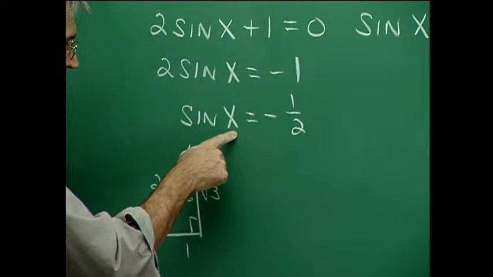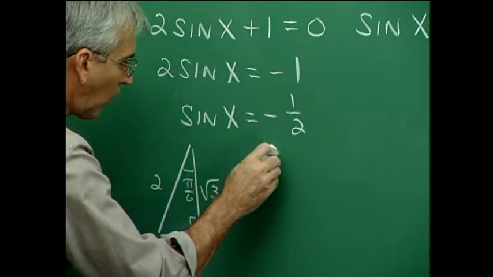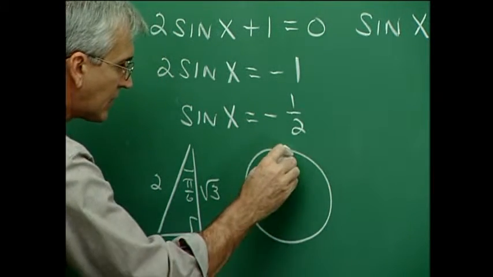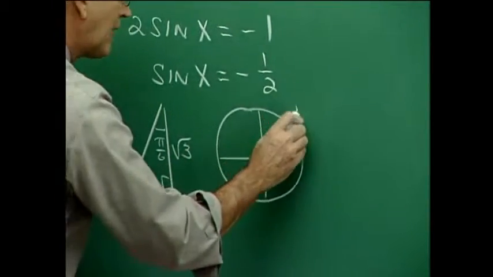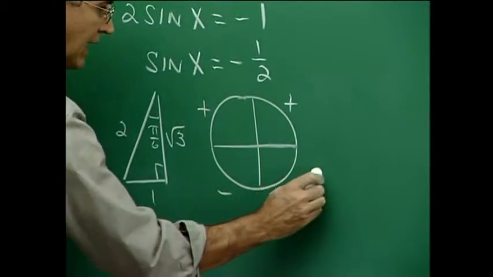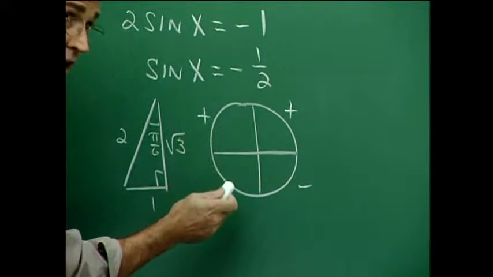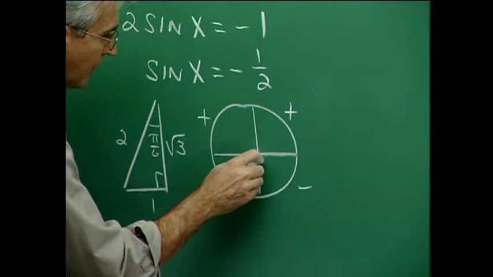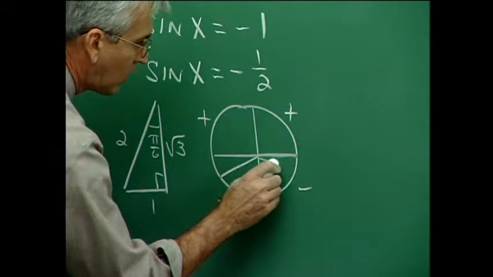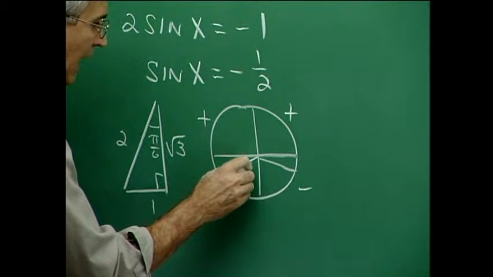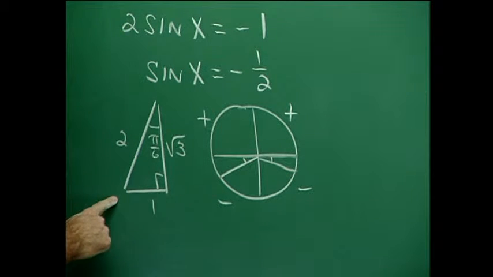But the sign of the angle is negative. In what quadrants does that take place? Sine corresponds with the notion of y, and so we have plus, plus, minus, minus. So sine is negative in these two quadrants. So we have a reference angle of pi over 6 in this quadrant and in that quadrant. Now, what are the angles associated with these two reference angles?